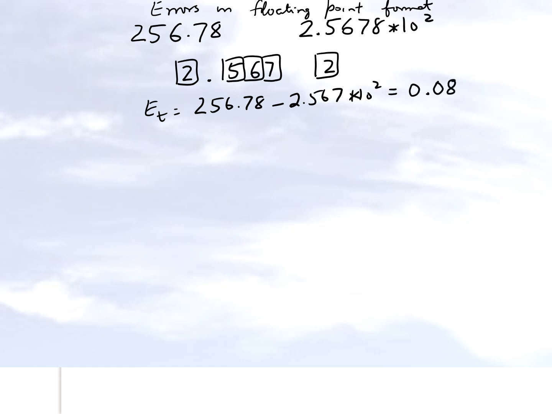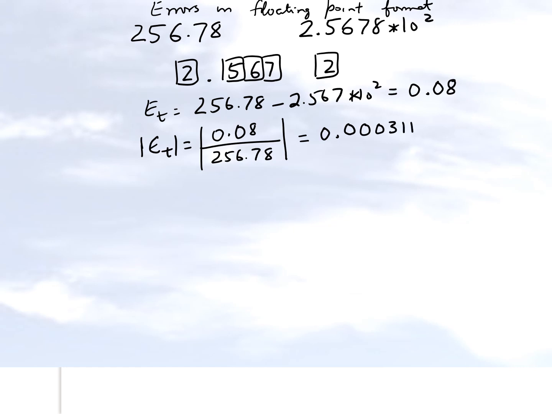So if that is the case now, then what is the absolute relative true error? The absolute relative true error in this case would be this divided by the exact value. So it will be true error divided by exact value. And this one number I get 0.0031155.